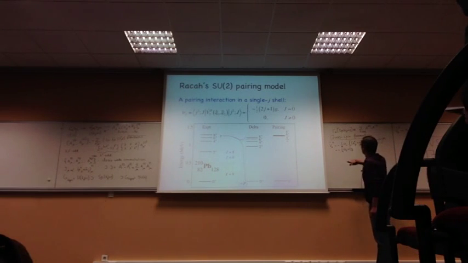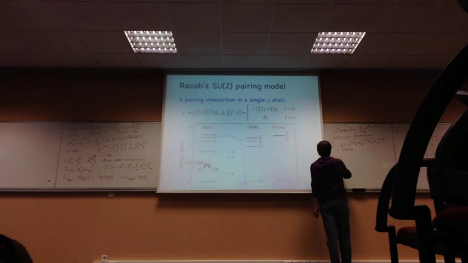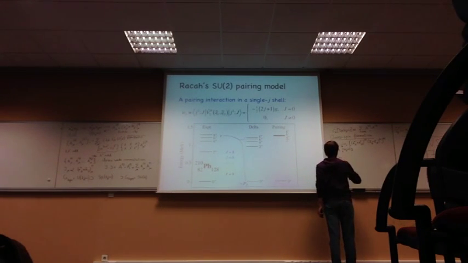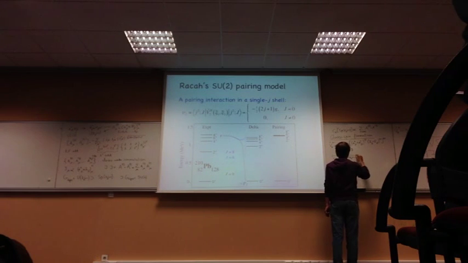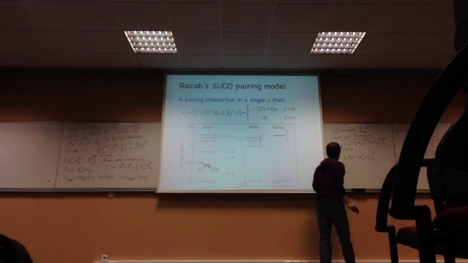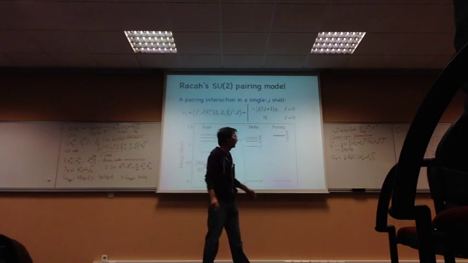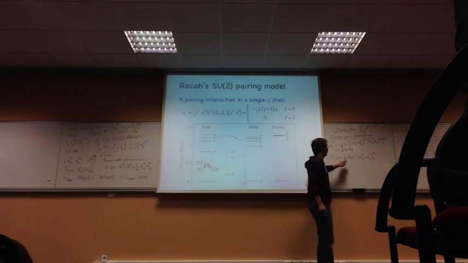Now what you can define are pair creation and annihilation operators. This is the square root of (J plus 1/2) times the pair coupled to angular momentum 0. This is an S pair. It's precisely the pair that Jan and Jolie was talking about, but now it's confined to one single orbit.